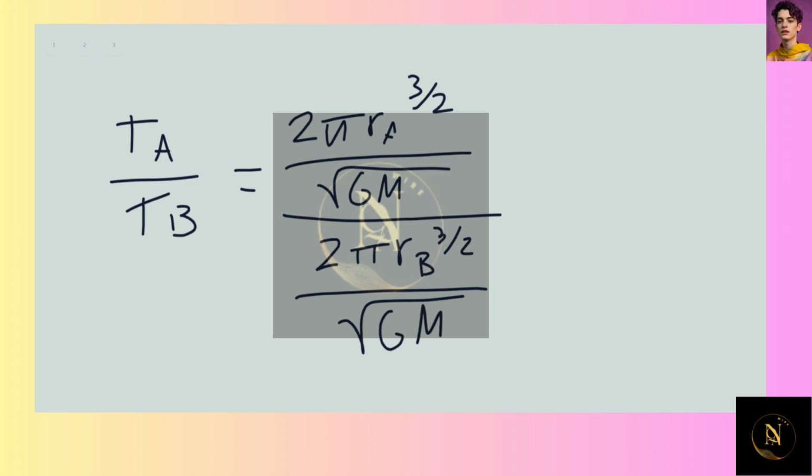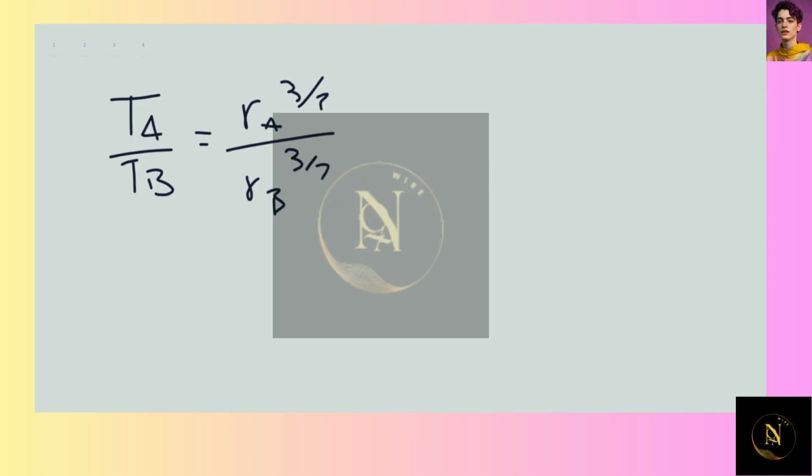All right, so as I mentioned earlier, all our constants are going to go away because they're the same no matter the scenario, and we're going to get rA to the 3/2 over rB to the 3/2. All right, so this gets us one step closer. Let's write our equation for the ratio between our periods again: rA to the 3/2 over rB to the 3/2.